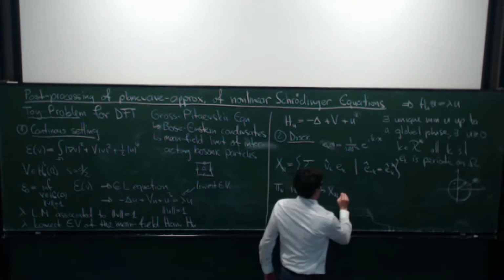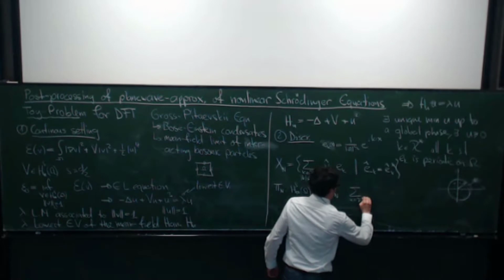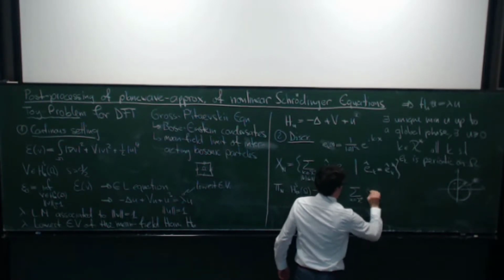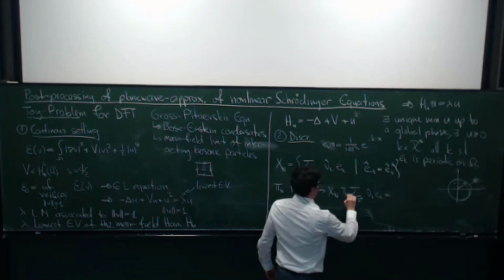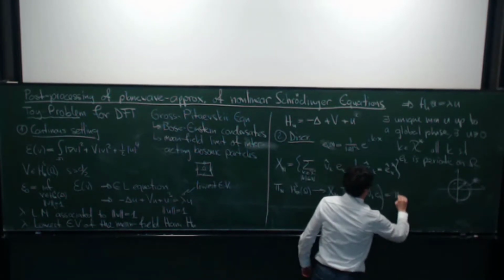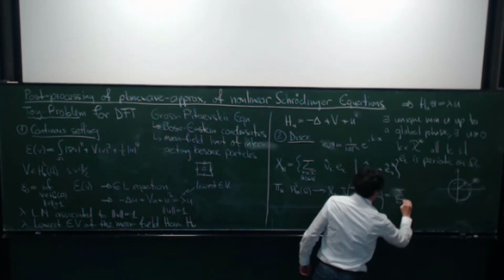If you have an infinite Fourier series, then if you apply Pn, you just take those sums that indeed belong to this ball.